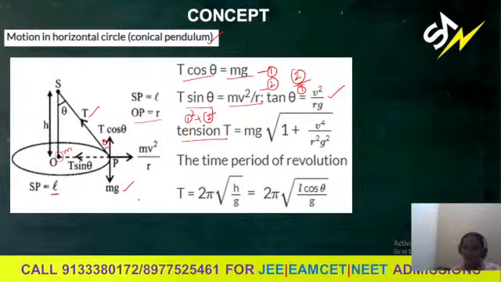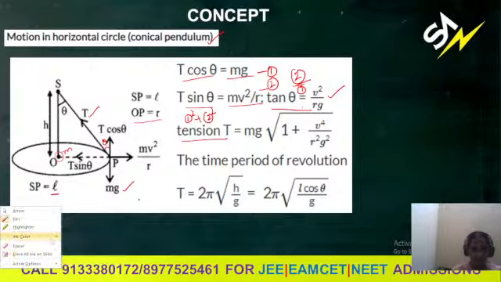And the time period of the revolution: as the bob is oscillating while describing the horizontal circle, we can ask for the time period of the oscillation. To find the time period, first we need to find the angular speed of that bob, which is describing the horizontal circle. For that, I am taking this equation.